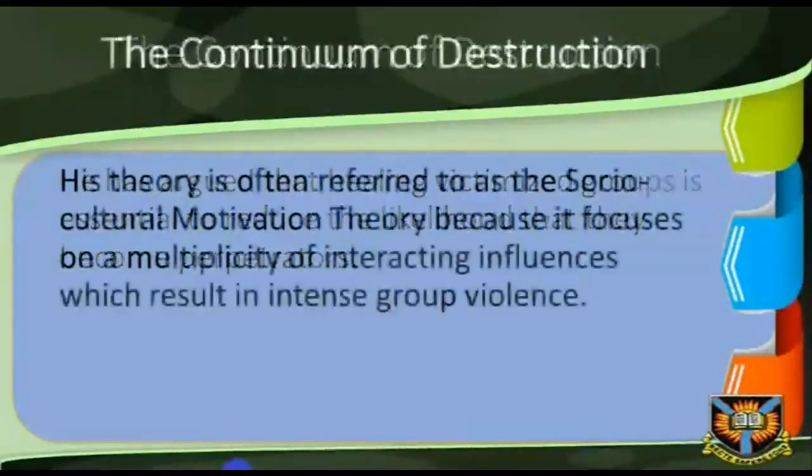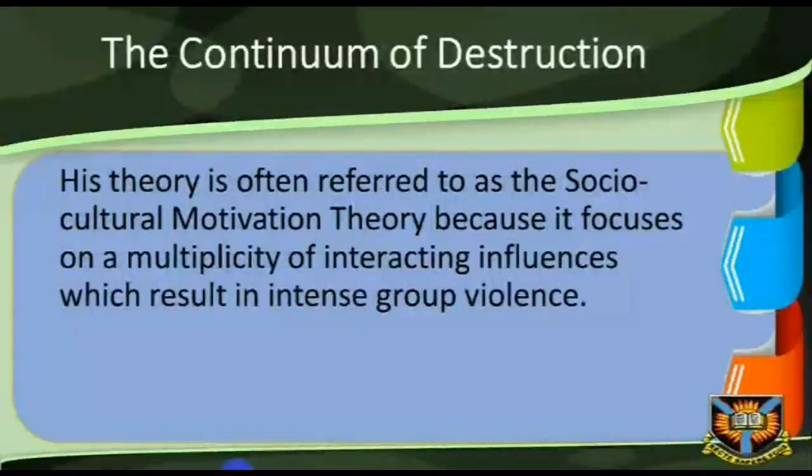His theory is often referred to as socio-cultural motivation theory because it focuses on a multiplicity of interacting influences which result in intense group violence. The theory focuses on changes within both the individual and the group, the role of bystanders, and how factors interact.